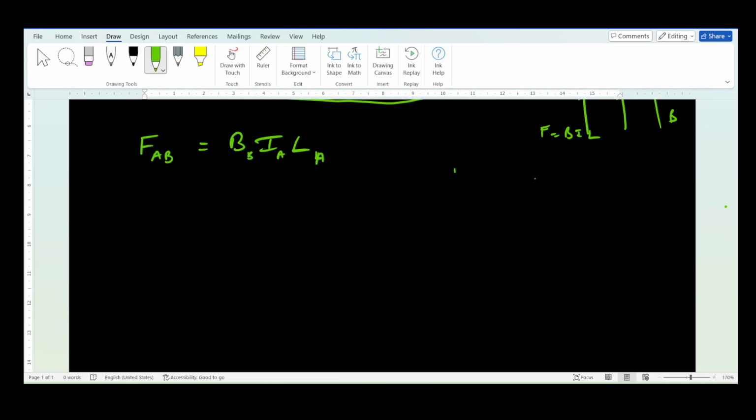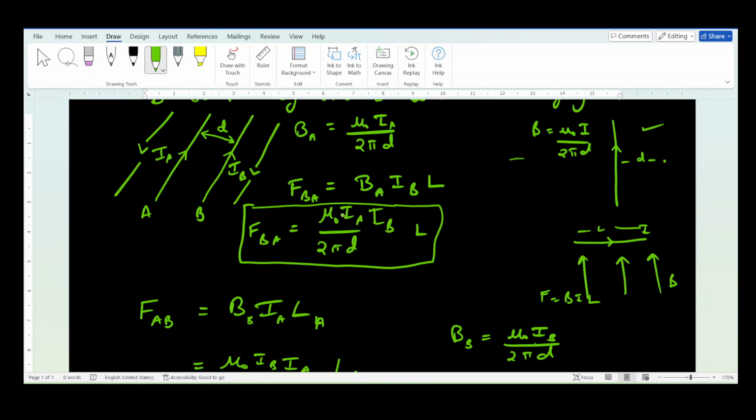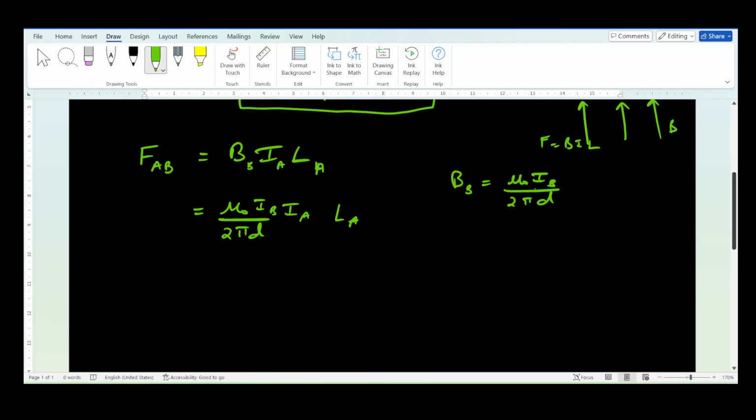B is equal to mu naught IB divided by 2 pi d. So you plug that over here, mu naught IB upon 2 pi d into IA multiplied by LA, or simply L. Both are same. So I will just write here L. So FAB is also this much.